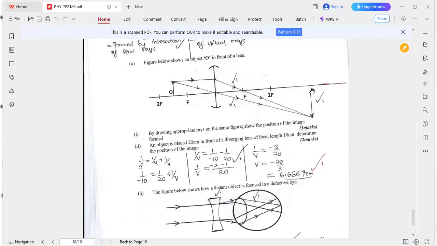So we get an inverted magnified real image on the other side of the lens. You can also draw a third ray, although you need only 2. Another ray can pass through the principal focus, strike the lens, and then it will be refracted parallel to the principal axis. So it will still come at this point.